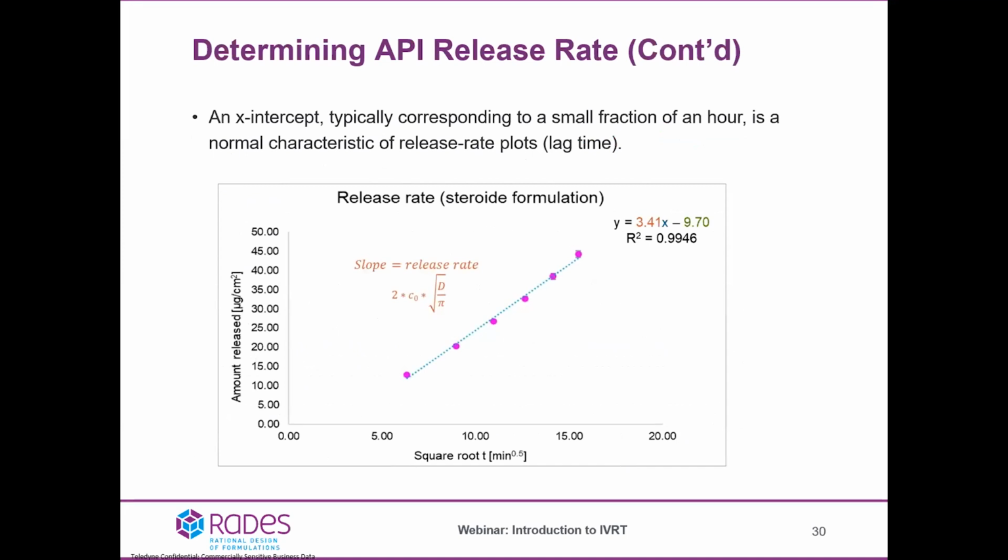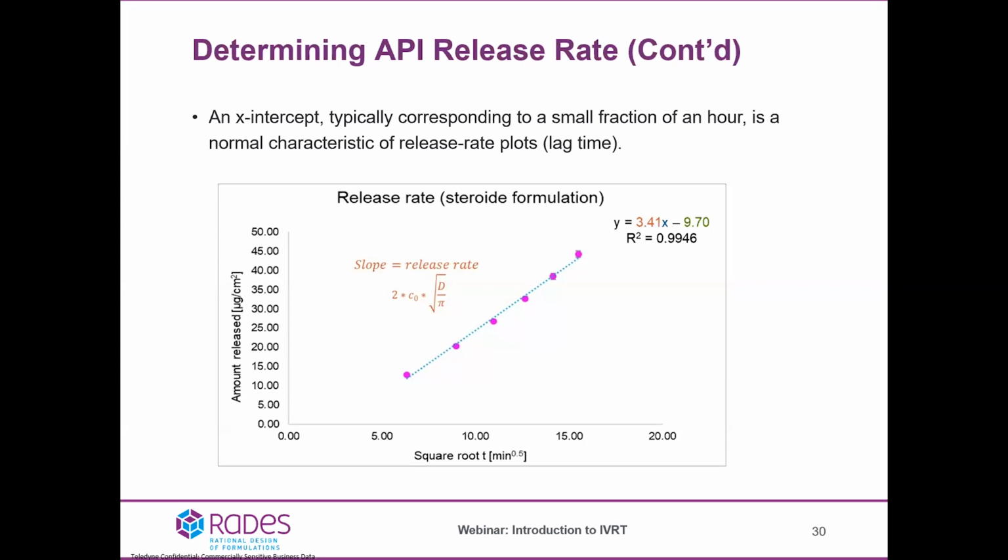The determined amount released per area is on the y-axis, and the square root of sampling time represents the x-axis. It does not matter if the sampling time is given in minutes or hours, but it must be constant during the experiment. The unit hour is probably more common.